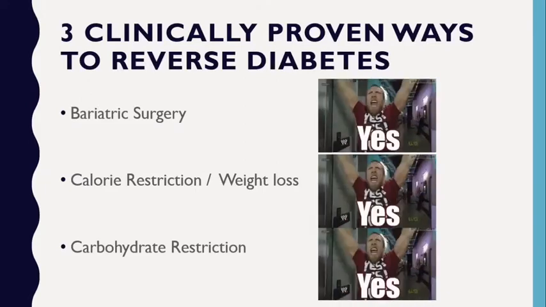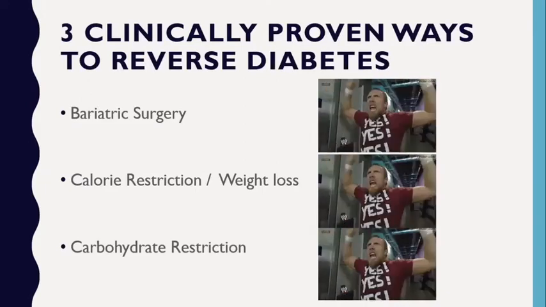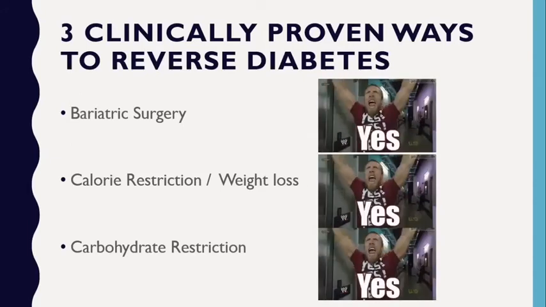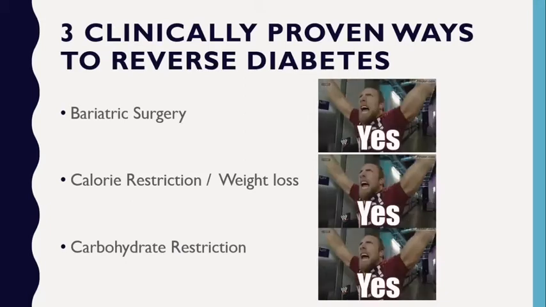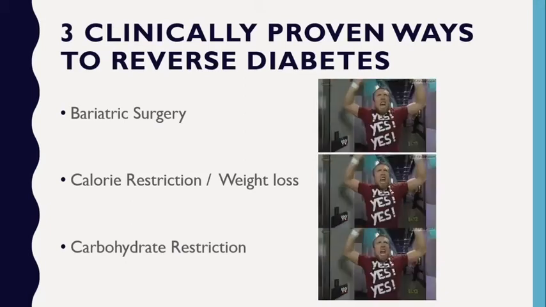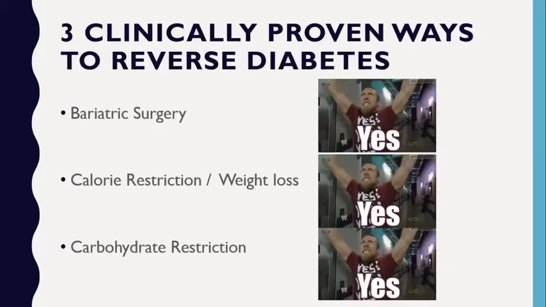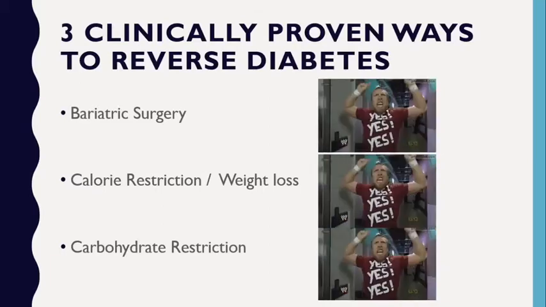Calorie restriction or weight loss, I don't want that one, and I'll tell you why. Calorie restriction and weight loss aren't always a long-term, effective, sustainable approach. So the main approach we're going to talk about today is carbohydrate restriction, which is quite a bit more sustainable.